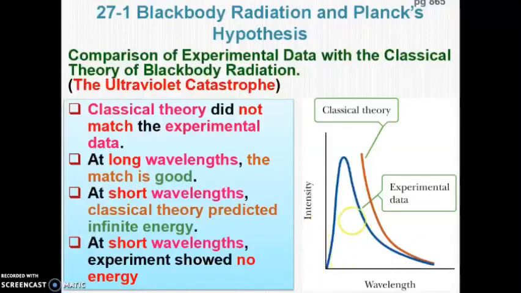At the short wavelength, your energy in the experiment becomes 0, but for the classical theory this goes to infinity. So it indicates that at a short wavelength, the classical theory predicted infinite energy.